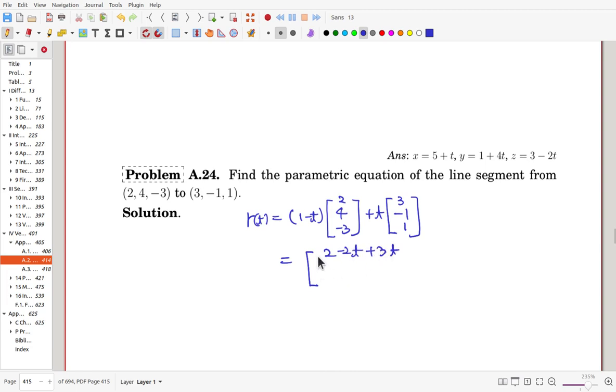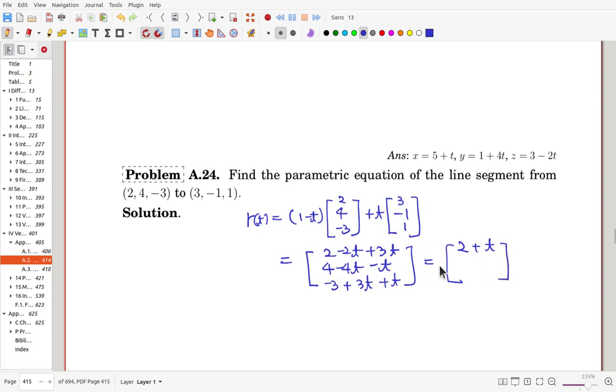Now that one is 4 minus 4t and minus t. This one is minus 3 plus 3t and plus t. Here you can simplify: 2 plus t.